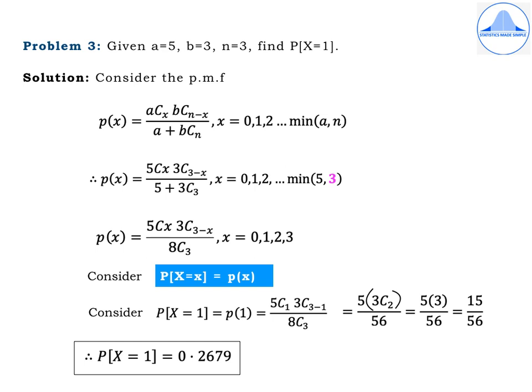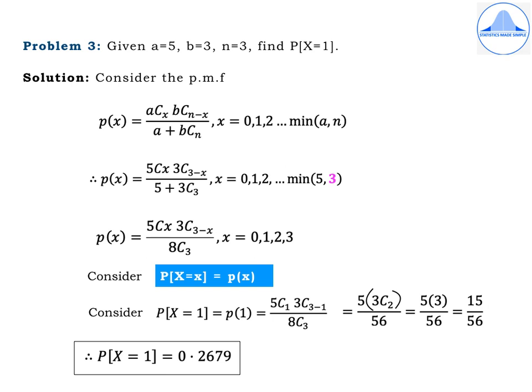Now the question is to find out probability of x equal to 1. So let's consider the formula which we have been using throughout in the binomial distribution topic as well as the Poisson distribution topic, which is highlighted in blue color, that is probability of capital X equal to small x is equal to small p of x. So start with the question which is asked. Consider probability of x equal to 1, which is small p of 1.